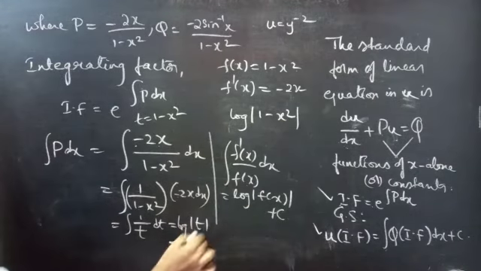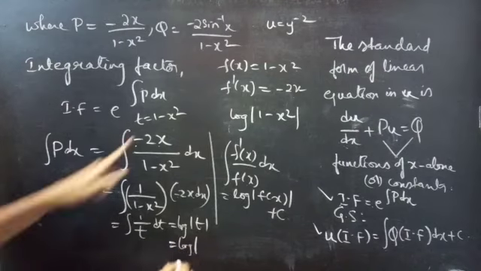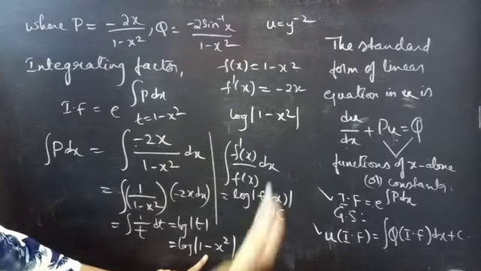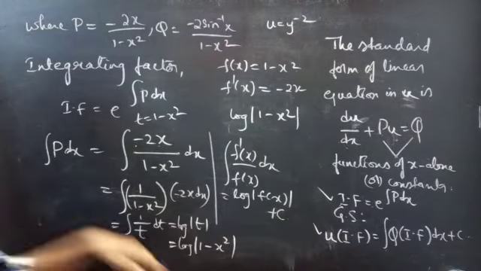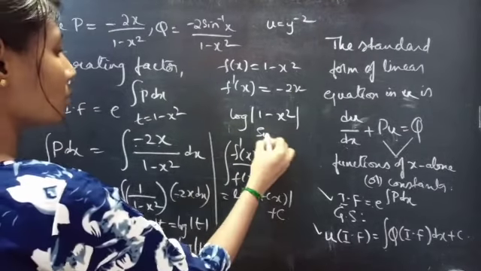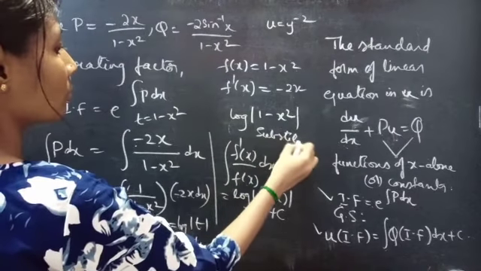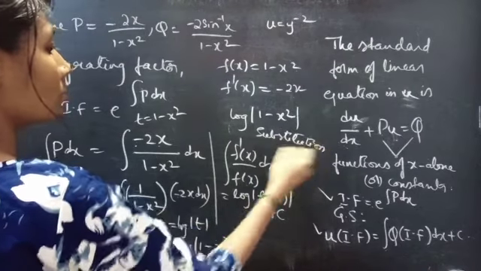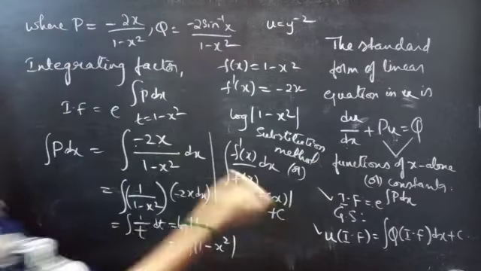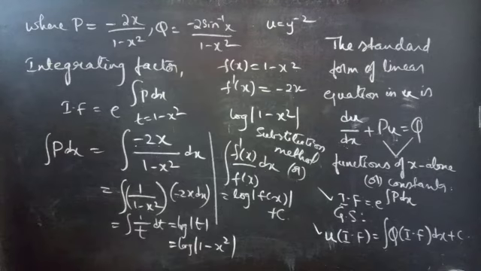Just substitute t here, then you'll get log mod 1 minus x square. See, you'll get the same answer. Here you can use either the substitution method or this formula.